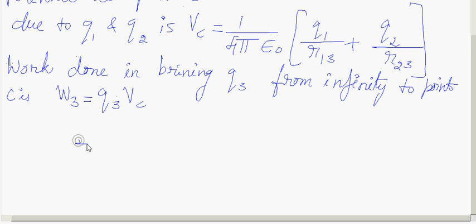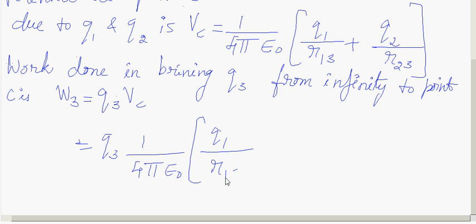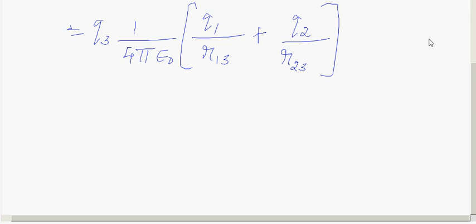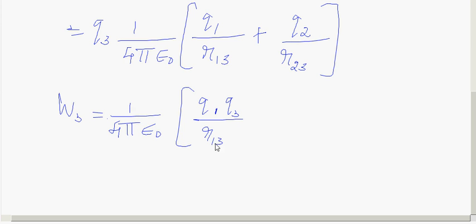So this is equal to q3 into 1 by 4 pi epsilon naught into q1 divided by R13 plus q2 divided by R23. Simplify this. W3 equal to 1 by 4 pi epsilon naught into q1 q3 divided by R13 plus q2 q3 divided by R23.